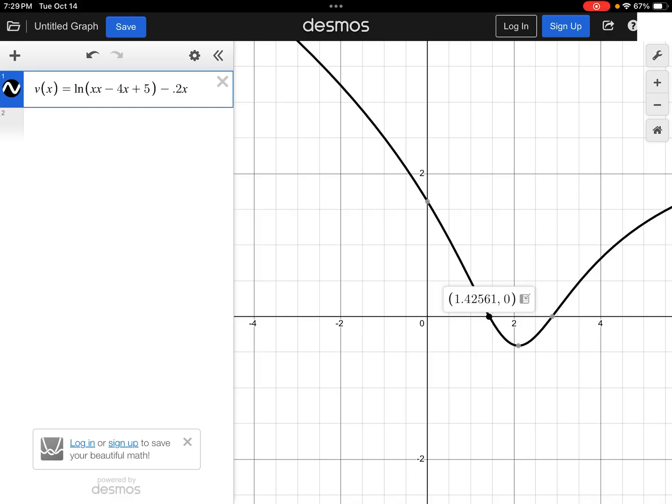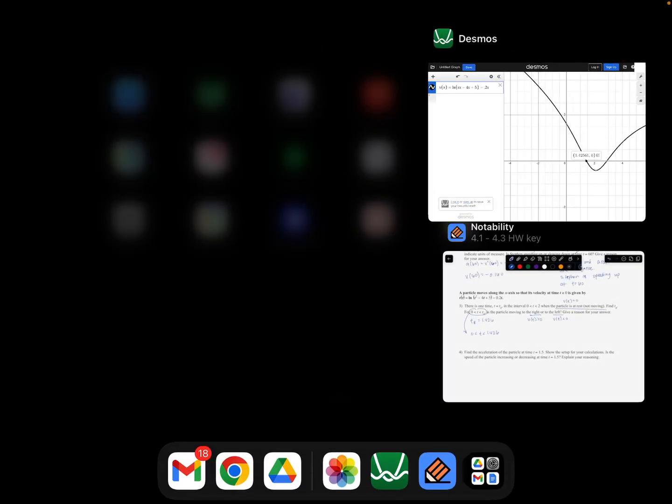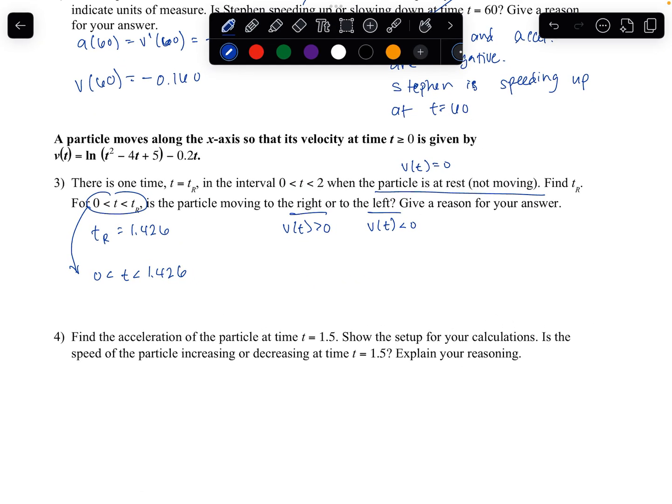Be sure not to look at the slope of this curve. A lot of students will look at the slope of this curve and say that velocity is negative. If this were a position curve, they would be correct. But it's a velocity curve. So if you're looking at the slope of this curve and saying that it is moving left because the slope is negative, that's incorrect, because the slope of this curve is acceleration, and if acceleration is negative, that does not mean you're moving left.